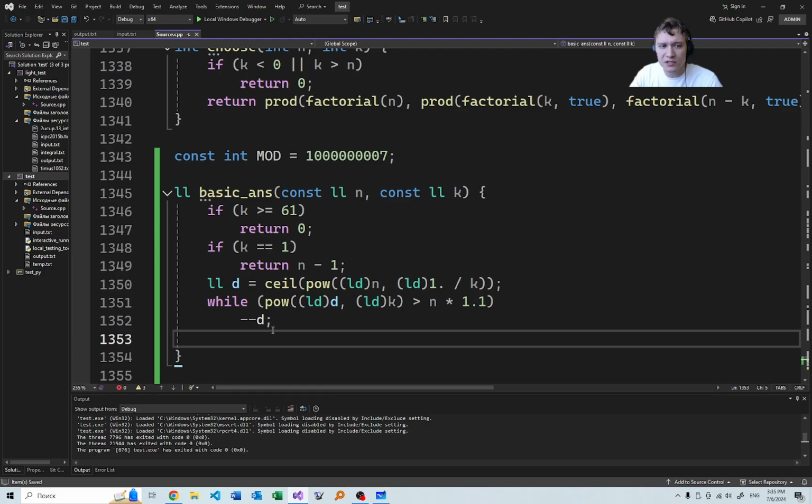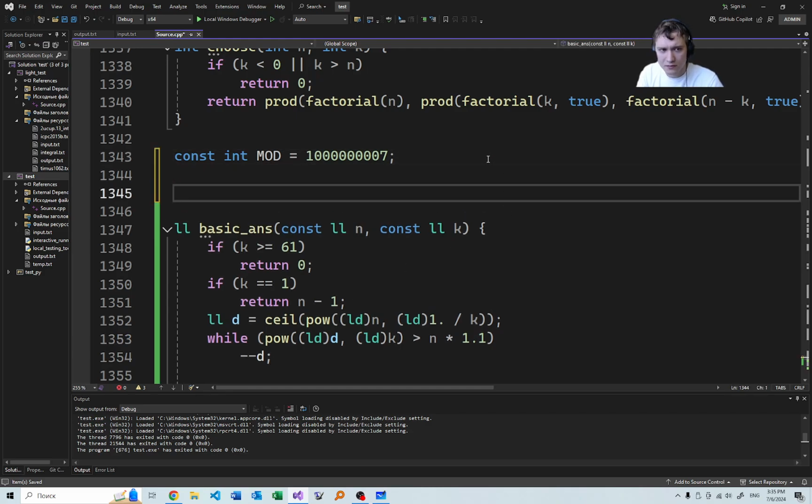Okay, now we need some integer power. Do I have an integer power function?